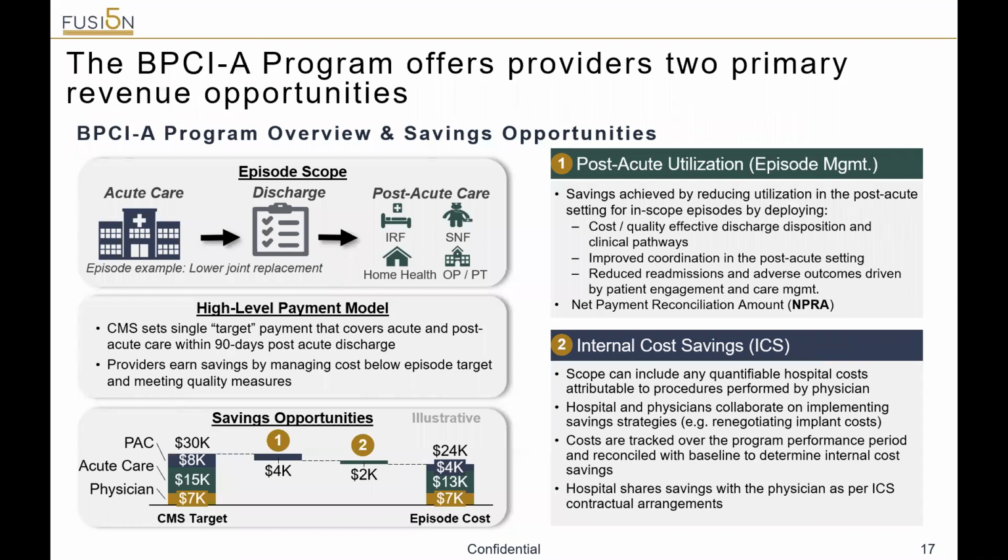So the example on the bottom actually uses a different starting point. It uses $30,000 as the bundle amount, broken up into, as it says here, several different parts: the acute care, the physician component, post-acute care. These are fictitious and illustrative numbers, okay?